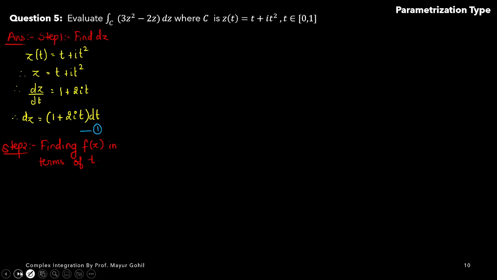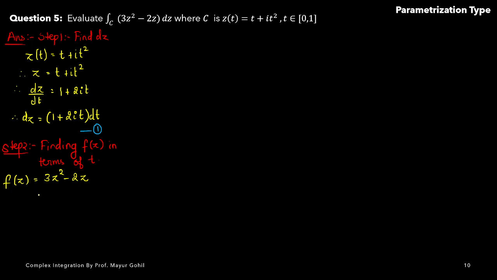This is again quite straightforward. We have been given f of z is equal to 3z square minus 2z. So you substitute the curve over here, that is z of t, where we have taken z equal to t plus it square.